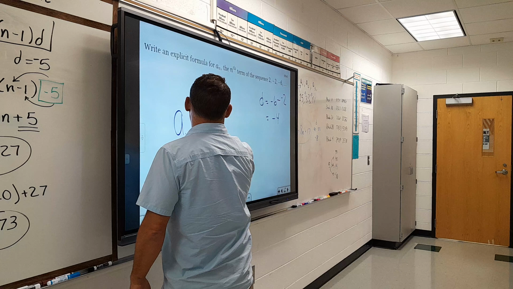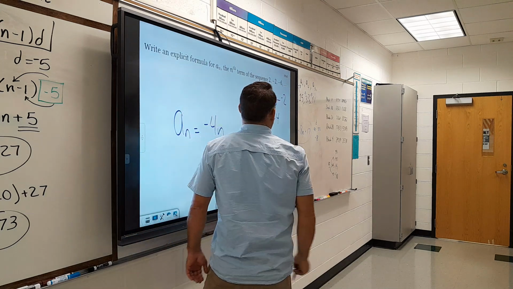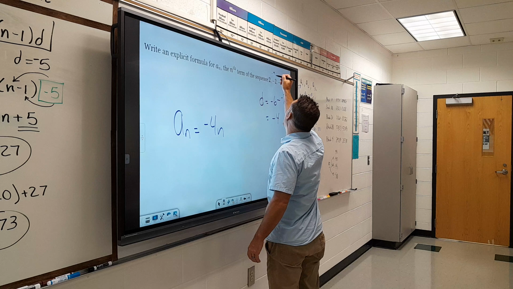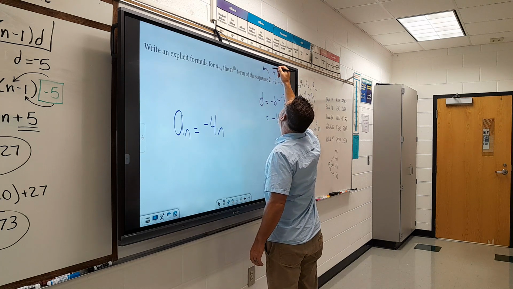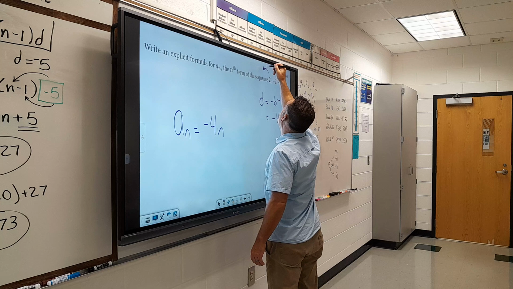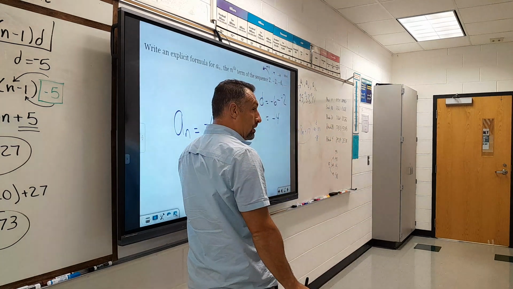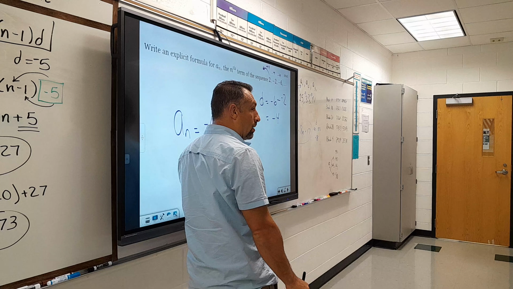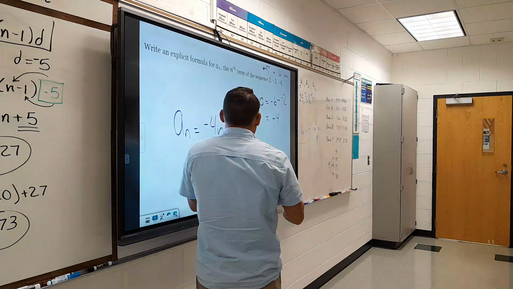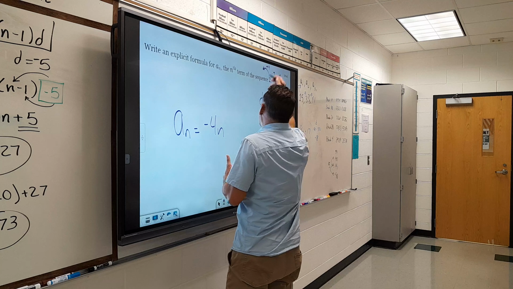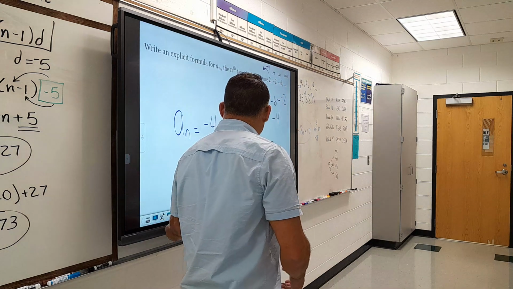The equation is going to be a subscript n equals negative 4n, and then if it's minus 4, to go backwards, we have to do what? The opposite of the number we had here. So that the pattern number goes here, and then you'll have it on your calculator. Do the opposite of that, and 2 plus 4 is 6, and then you're done. It's that easy.